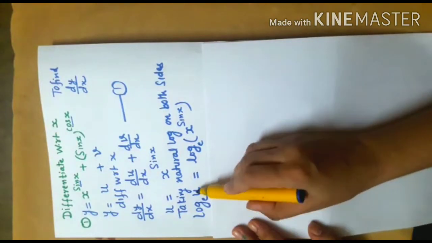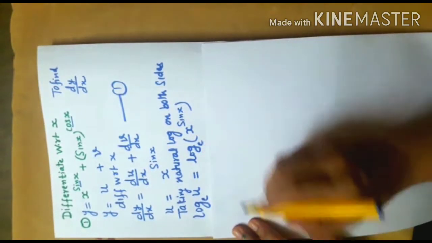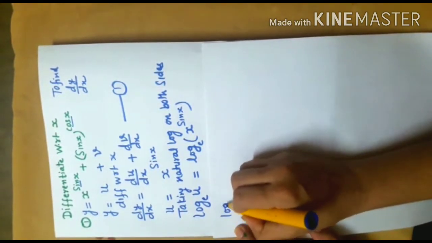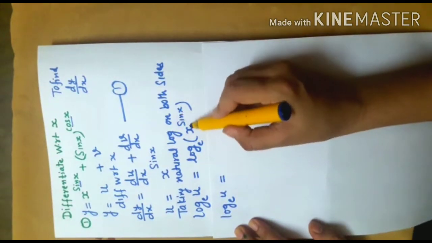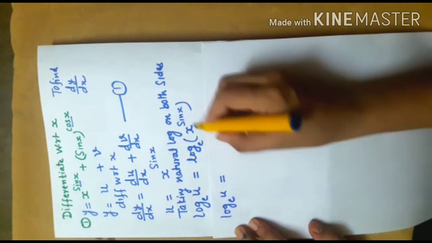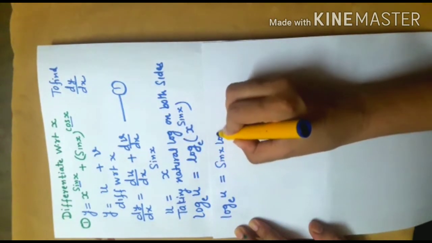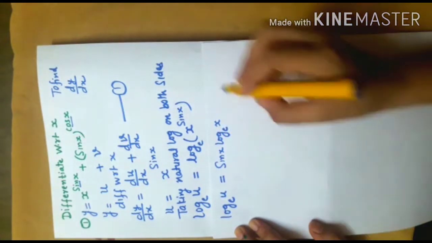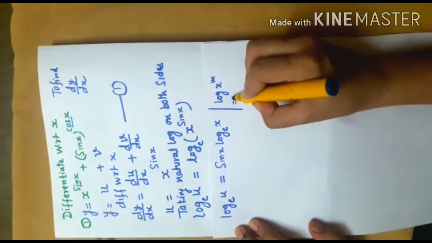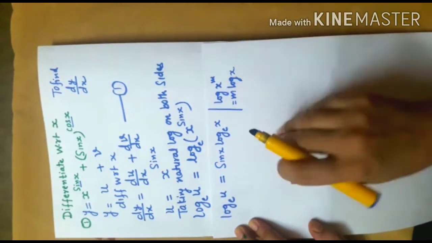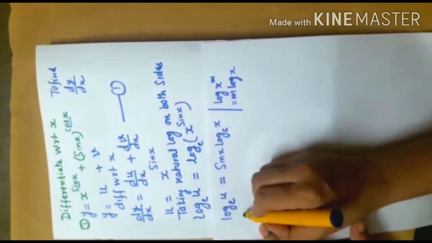Now by property of logarithm, this can be written as sin x into log x to the base e. Yes, because log x raised to the power m is m log x, right? This power, the exponent, will come in the front.